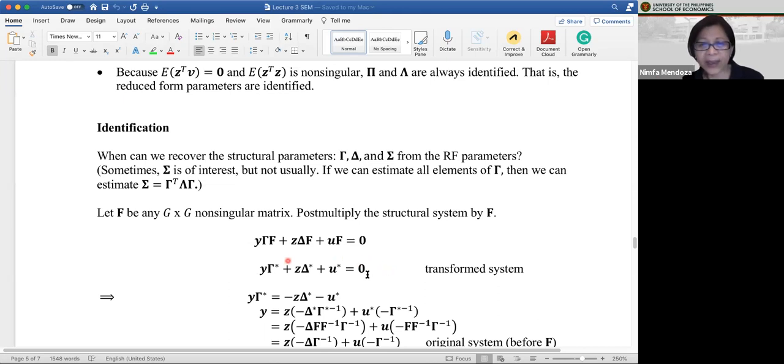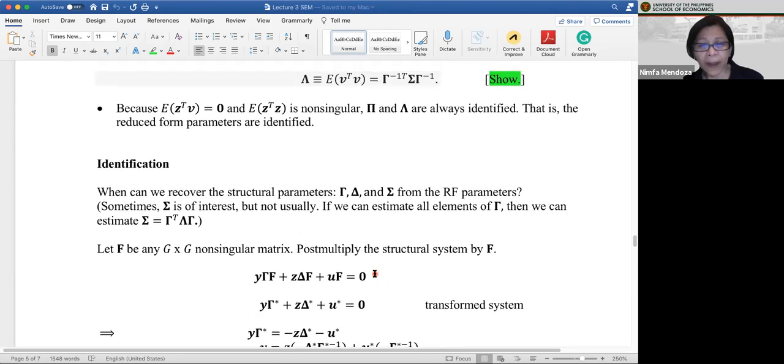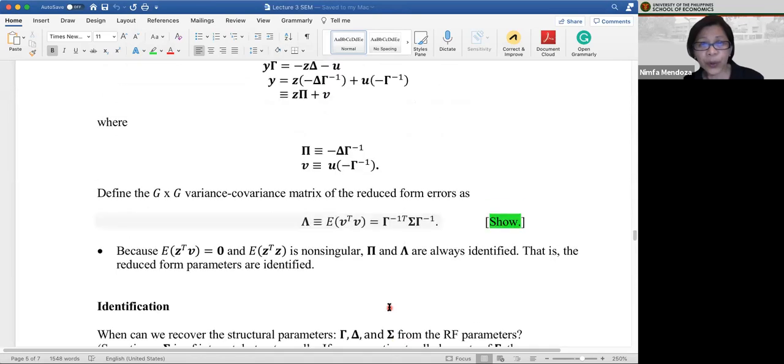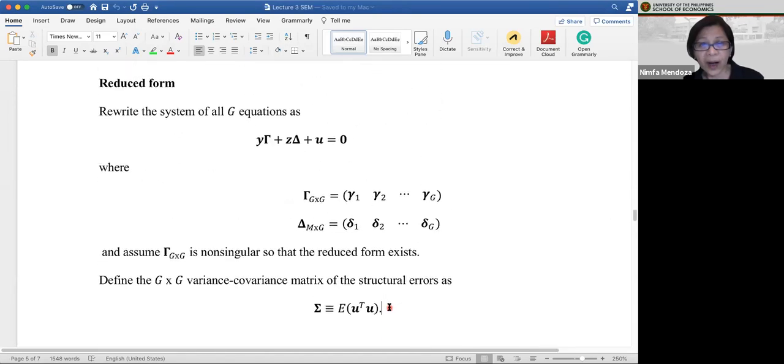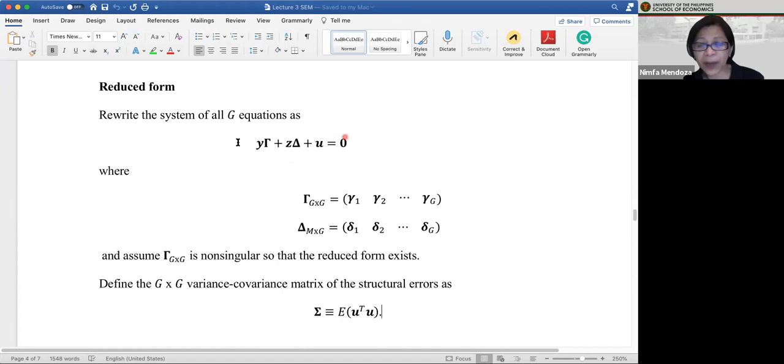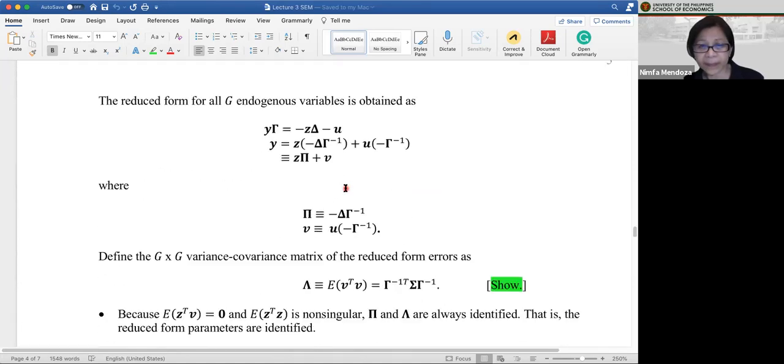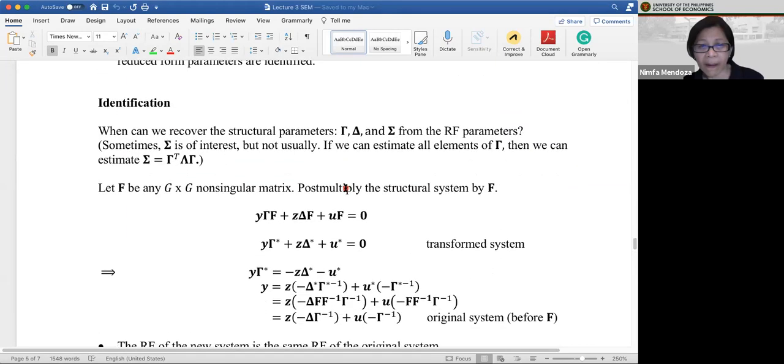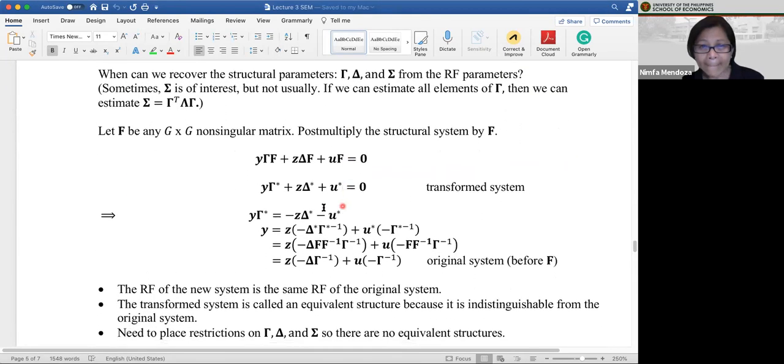Okay. So note that this form is similar to this, except that we have starred variables. So we have starred variables for the coefficients of Y, the coefficients of Z, and the disturbance.